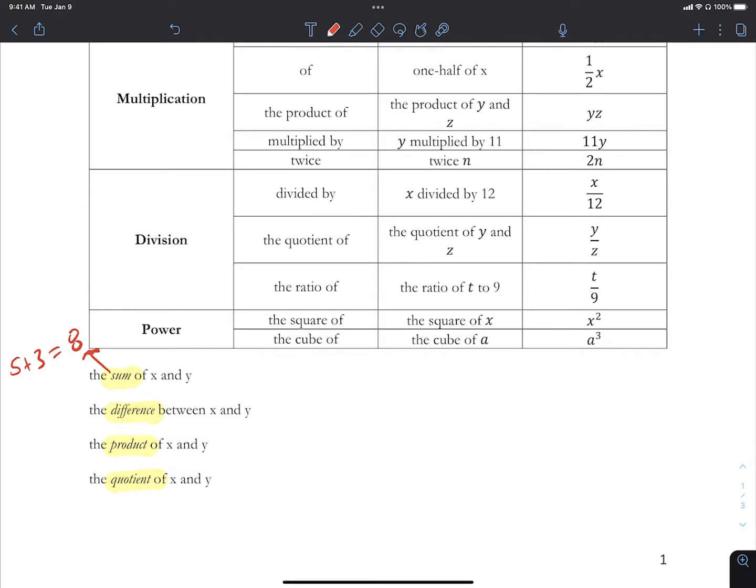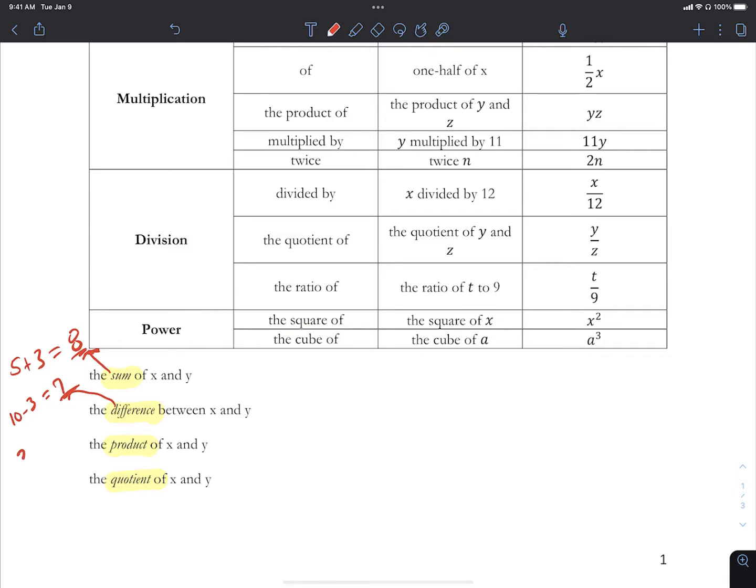right? The difference has to do with the answer we get when we subtract. So if I had like 10 minus 3 equals 7, 7 would be called the difference, right? So it's the answer we get after we subtract. Product is used to mean the answer we get when we multiply, right?